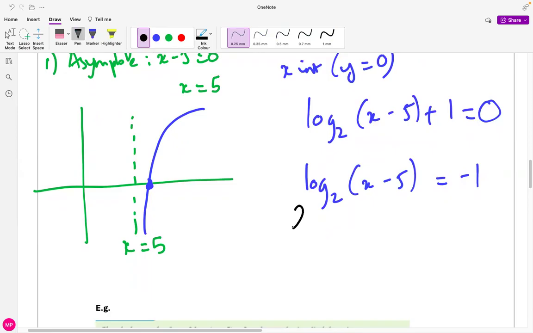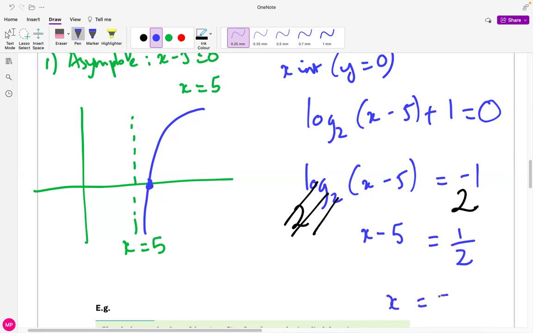So I do 2 to the power, and log 2 will go away. So you end up having x minus 5 equals 2 to the power of negative 1, which is 1 over 2. Then you add 5 over, so x equals 5.5. So you're going to write here 5.5, comma 0.